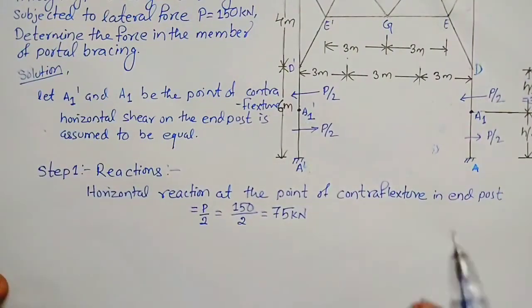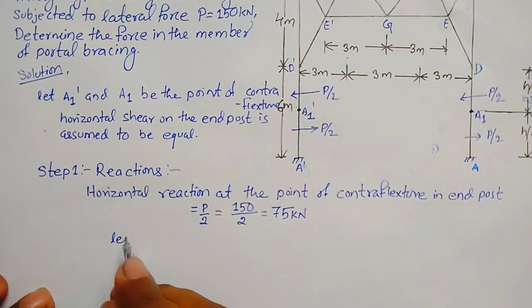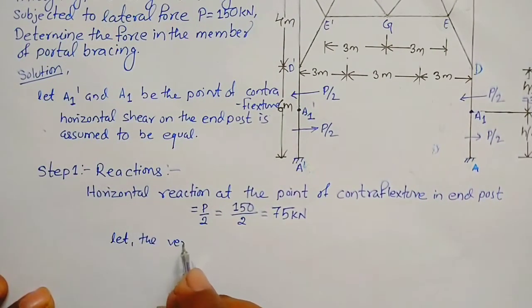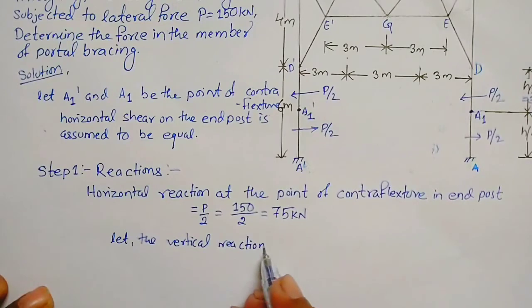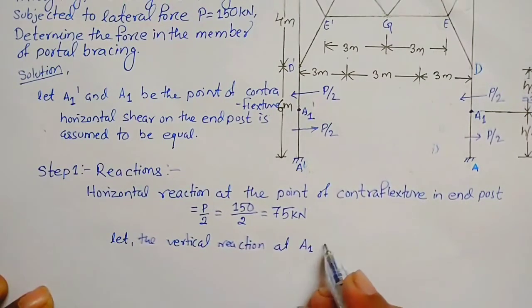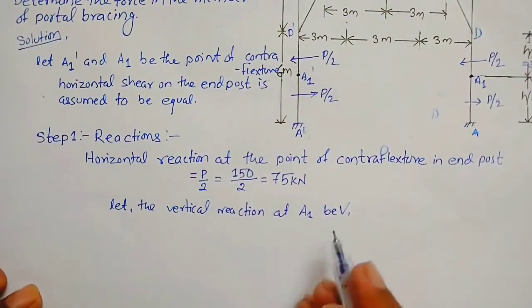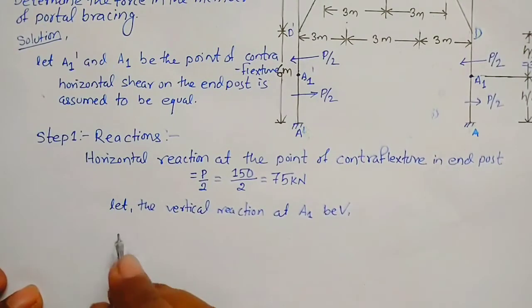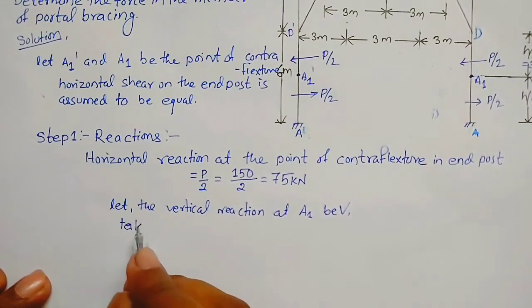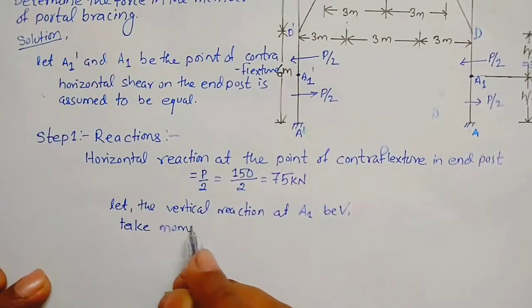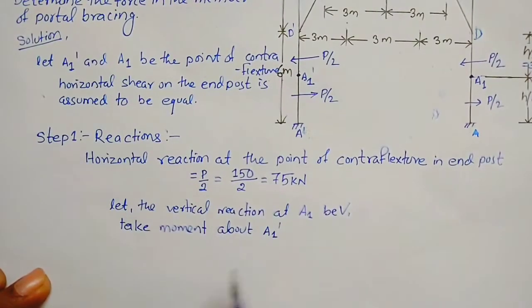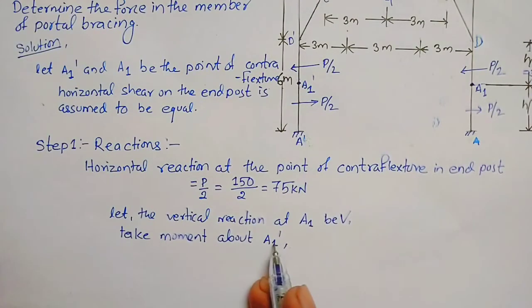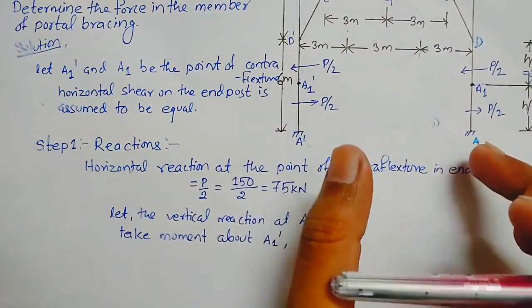Let the vertical reaction be denoted by V. So let the vertical reaction at A1 be V. We need to find the value of V. So let us take moment about A1 dash.